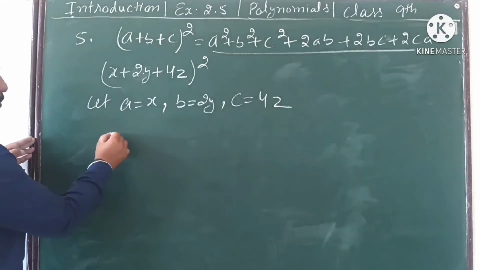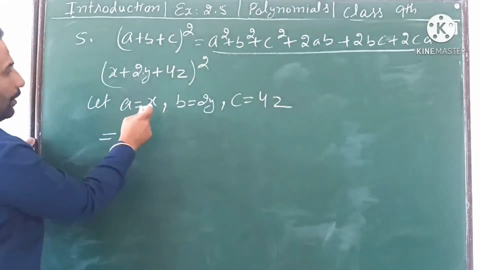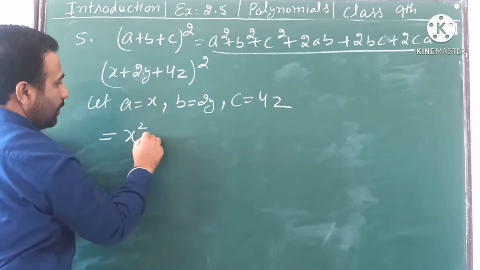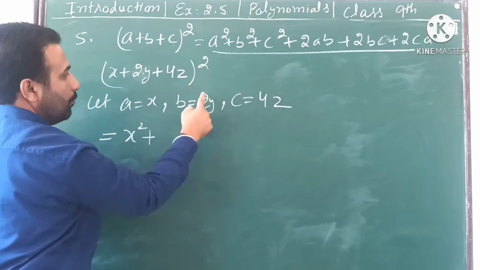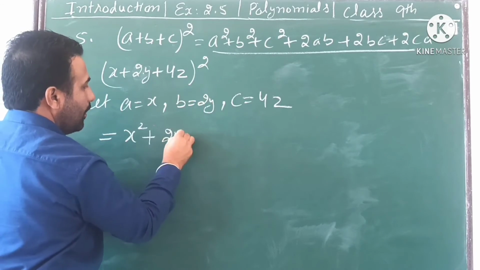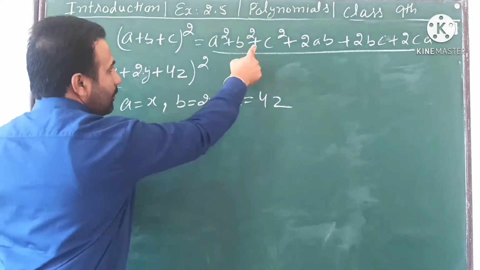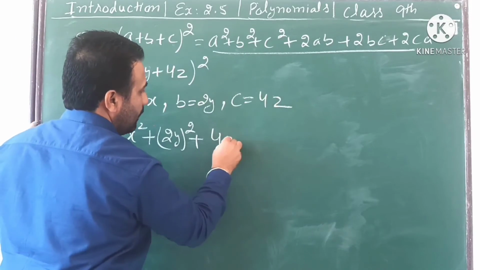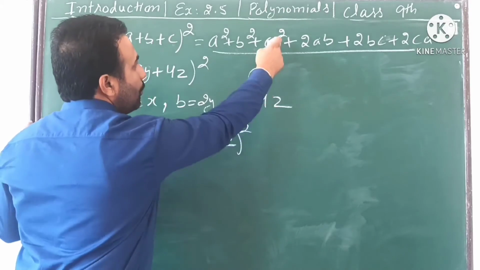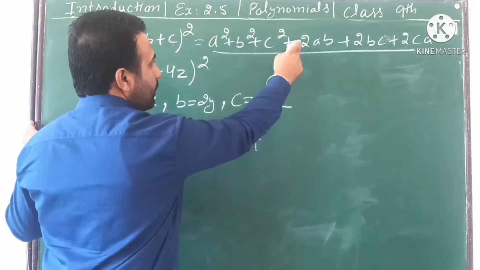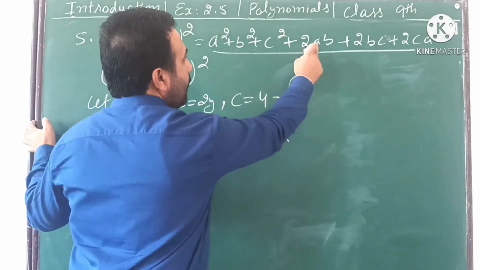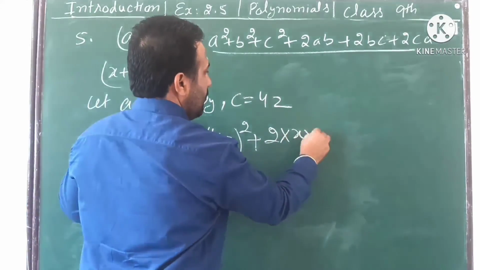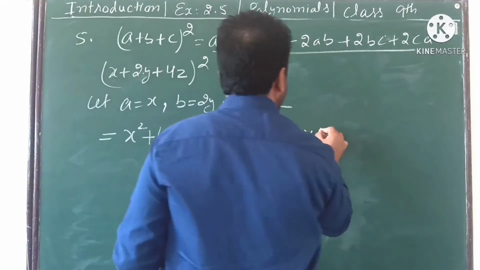Okay, so a power 2, the value of a is x, so I will write here x power 2 plus, as it is I will write then b is 2y raised to power 2, then plus as it is, then c, value of c is 4z raised to power 2, plus as it is I will write then 2, then a multiply b, the value of a is x and b is 2y.